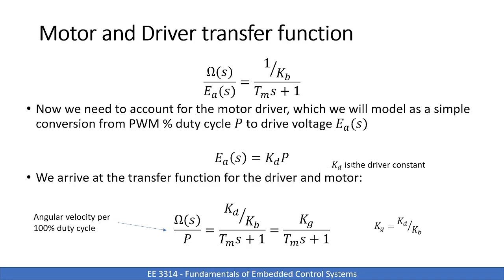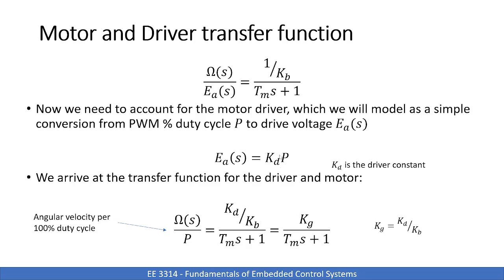Okay. So with all that, we arrive at the transfer function for the driver and the motor. So this is angular velocity per 100% duty cycle. Okay, and then this becomes KD over KB over TMS plus 1. And then here we're going to combine KD over KB into one constant we'll call KG.